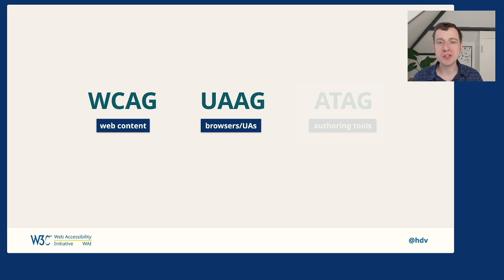Browsers or user agents. There's a specific standard for that, the User Agent Accessibility Guidelines, UAAG. And what about the software that creates web content, authoring tools? For that, we have the Authoring Tool Accessibility Guidelines. So together, these 3 standards all say something about the accessibility of web content, about the content itself, about the software we use to view the content, and about the software we use to create the content.